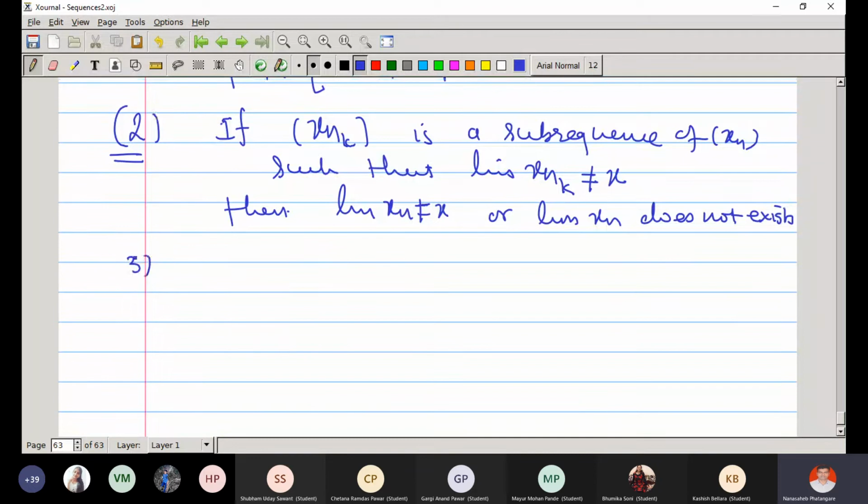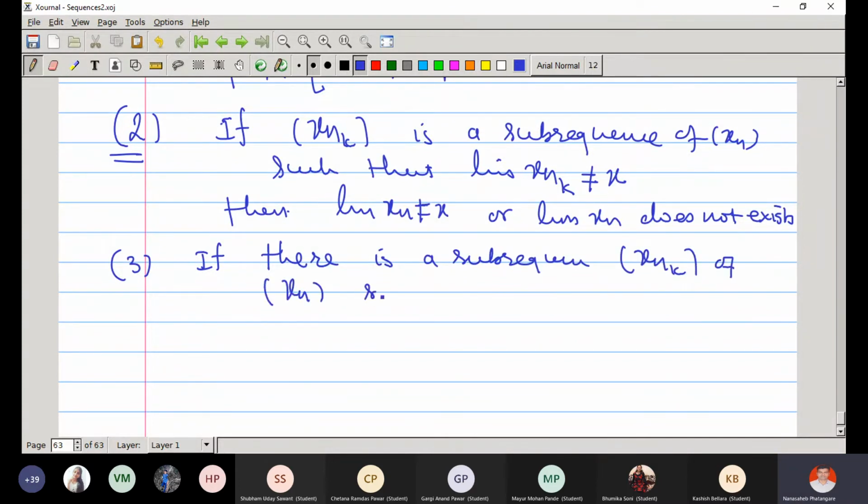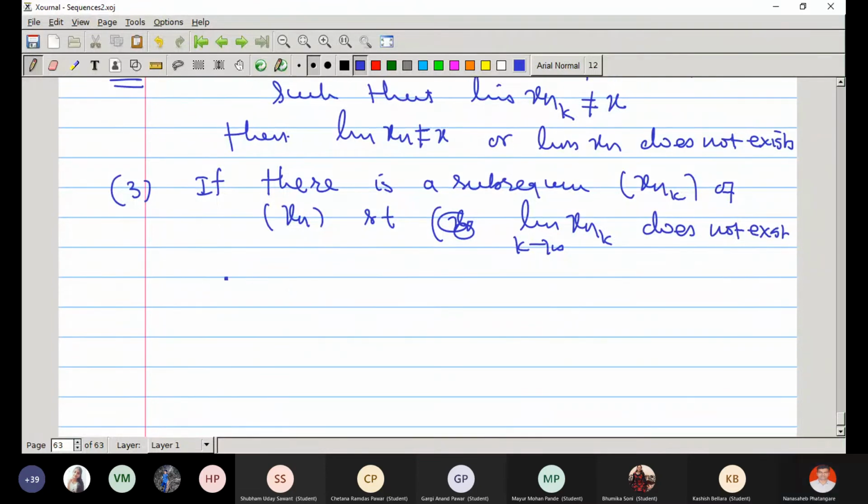This is one way. What is another way? If there is a subsequence x_{n_k} of x_n such that the limit of x_{n_k} does not exist, that means the subsequence itself is divergent. Then what can you say?